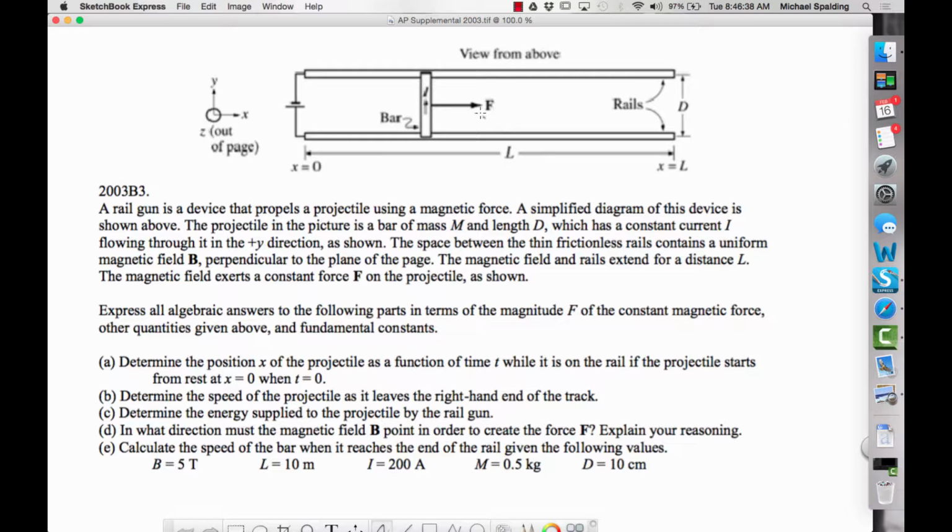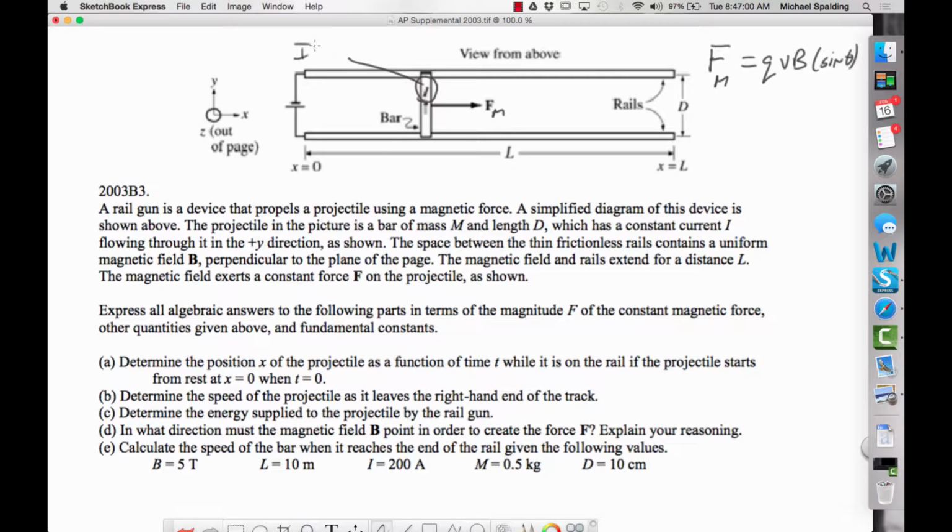This force right here is the force of the magnetic field. Typically, when you're doing force of a magnetic field, the equation is QVB sine theta. But if you have moving charged particles in the form of current, remember, what is current?